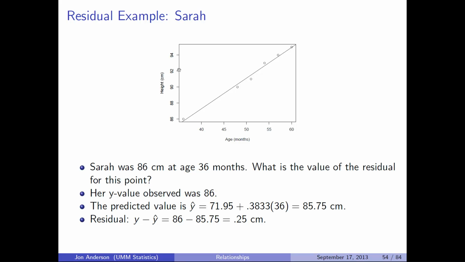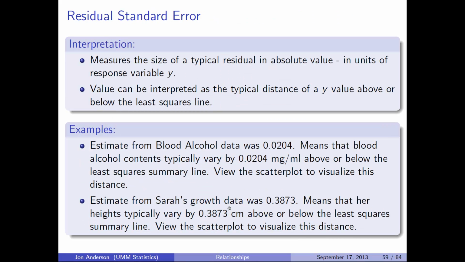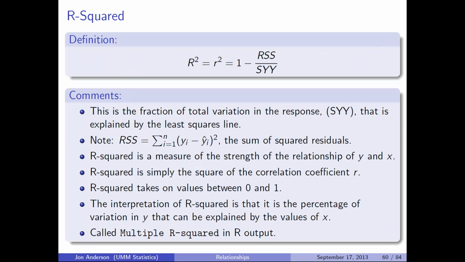And that is a very small amount. That's certainly less than 1 centimeter. And that's what we're observing here from this summary amount. That's how far the points are from the line. That's a very important concept that you'll need to know how to explain.